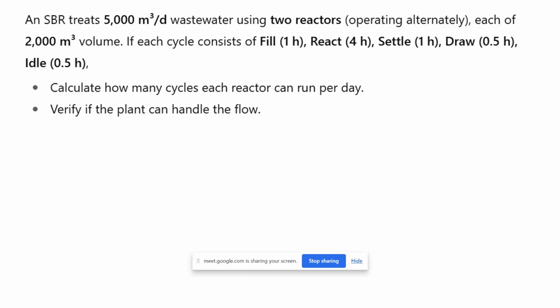If each cycle consists of fill, react, settle, draw, and idle of the given times, calculate how many cycles a reactor can run per day. Verify if the plant can handle the flow. Let's solve this and then we will discuss the answer.